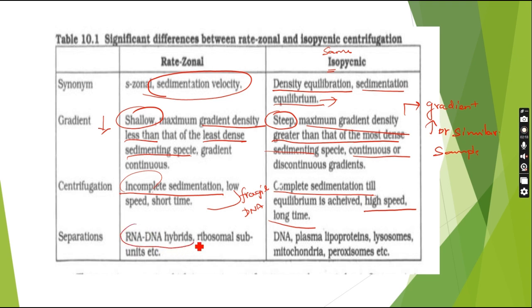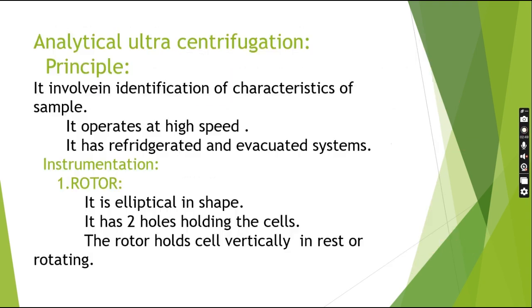Even RNA-DNA hybrids and ribosomal subunits can be separated by rate zonal as it has a shallow density and incomplete sedimentation. But in the case of isopycnic, DNA, plasmids, lipoproteins, lysosomes, even cell components can be separated, and also biomolecules can be separated, but it is not as accurate as differential centrifugation in the case of cell components.